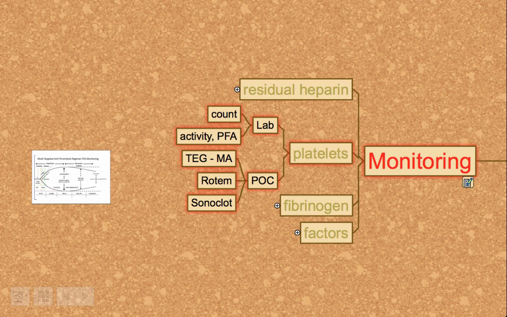Thromboelastography can be performed by 3 different point-of-care devices: the TEG, the Rotem, and Sonoclot. A comparison of these machines is beyond the scope of this presentation, but we will discuss the results of the TEG as we continue on through.